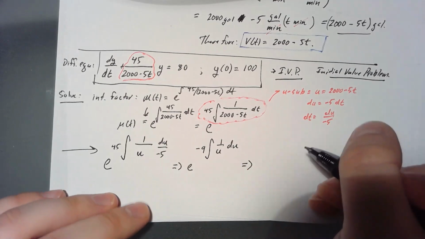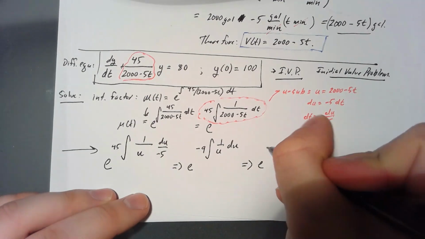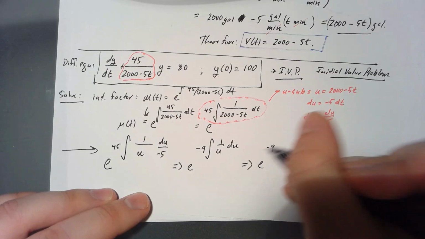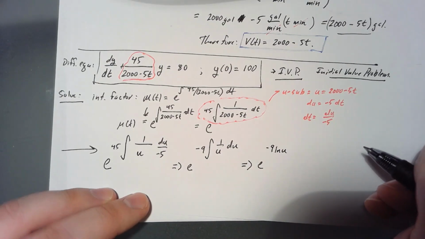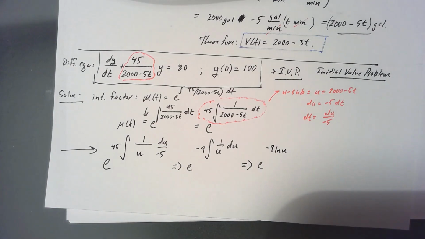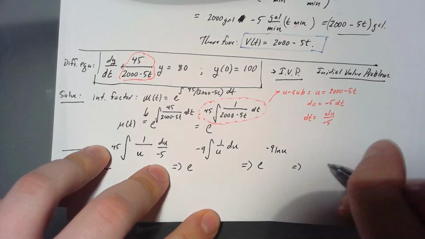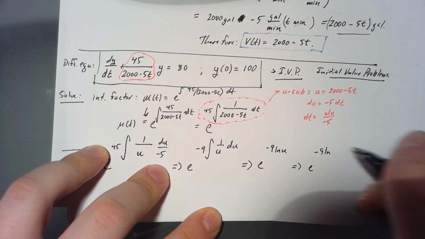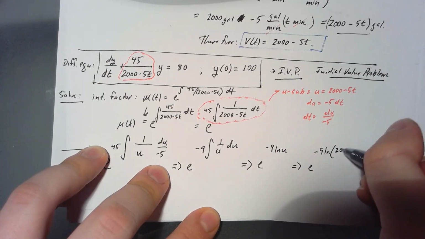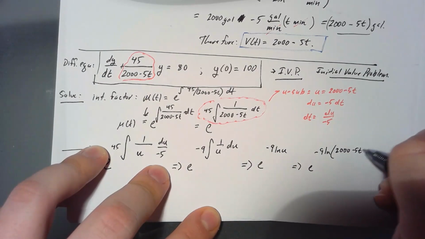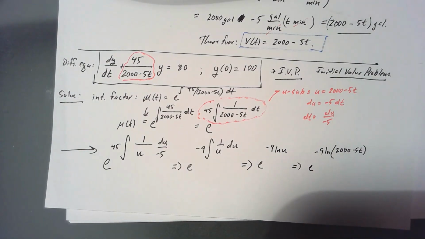So I'm going to have e to the -9 ln of u. But what was u? u was just 2000 minus 5t.